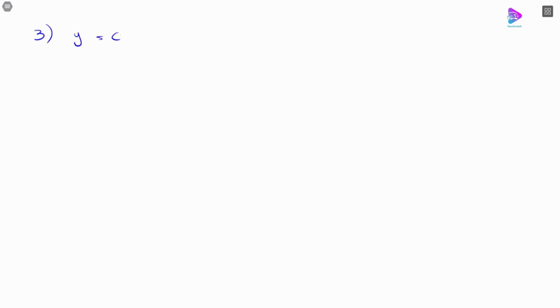y equal to c x squared. So from here again, let's take the derivative. y prime is equal to 2cx, and then I can divide the first equation by the second equation, like so.